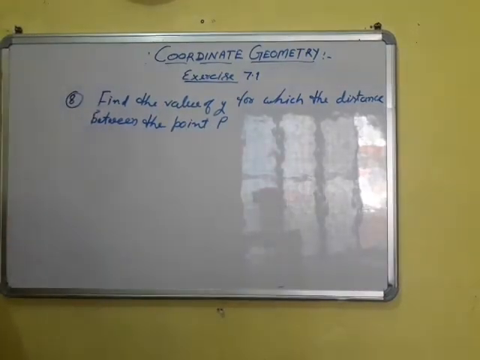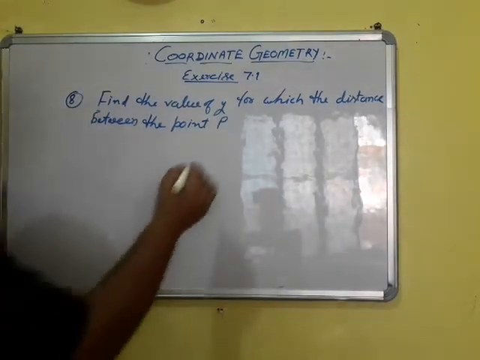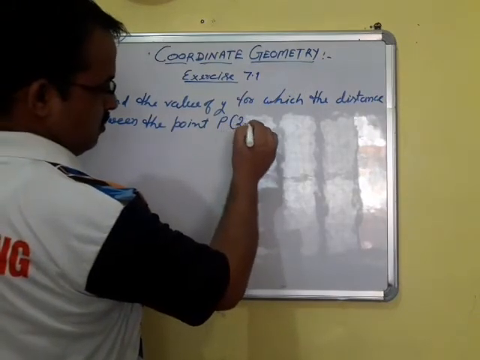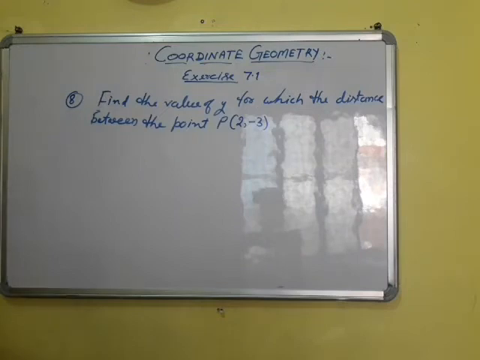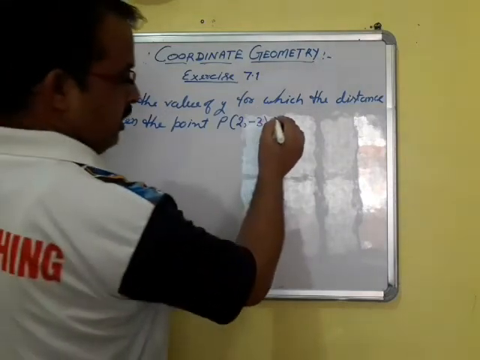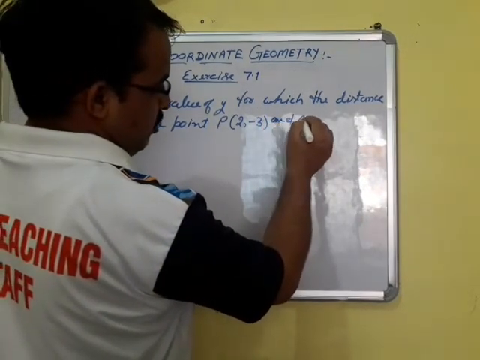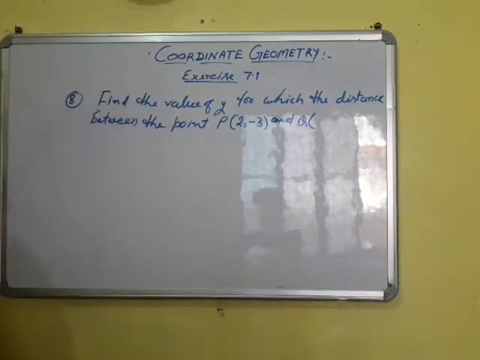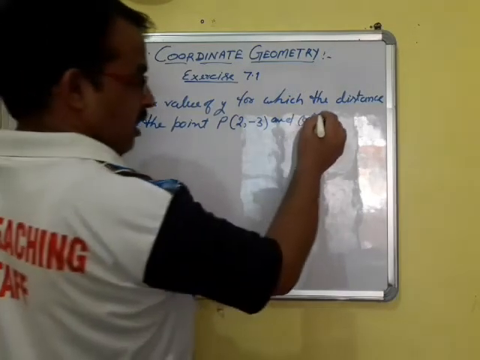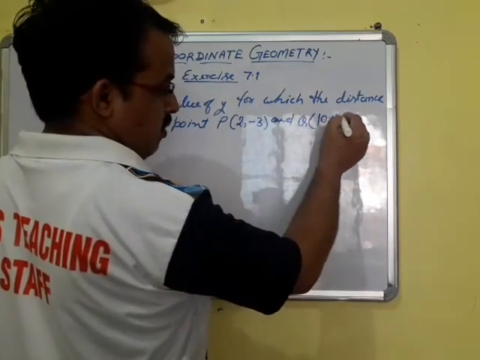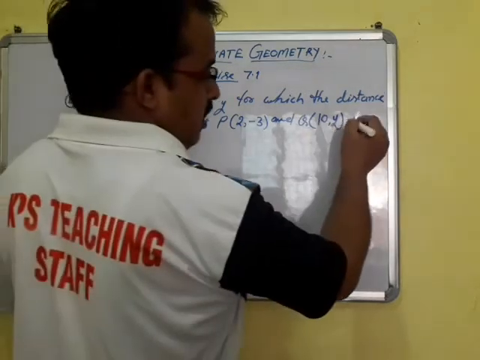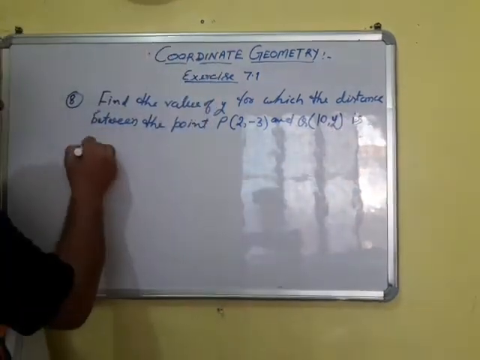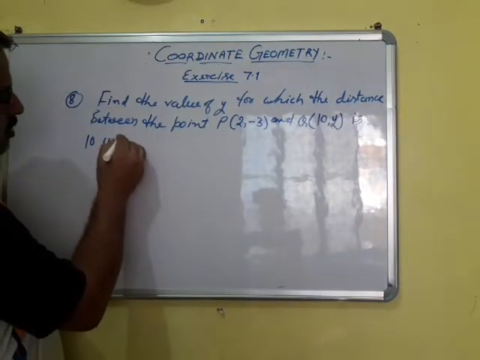Point P's coordinates are given as (2, -3), and Q's coordinates are given here as (10, y). Clear? The distance is 10 units.